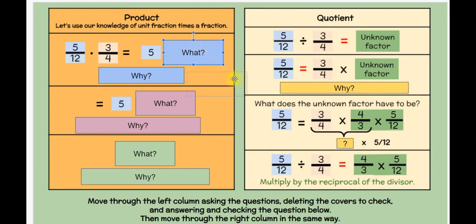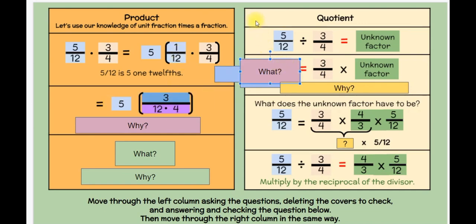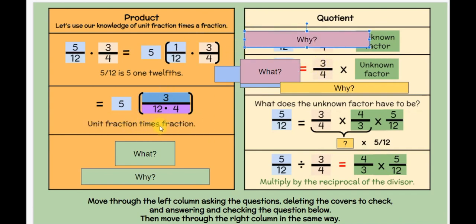Students should say 5 times 1/12 times 3/4, because 5/12 is 5 groups of 1/12. So this equals 5 what? We should say it equals 5 times 3/12 times 4. Why? Because a unit fraction times a fraction. So 1/12 times 3/4 is the same as 3/12 times 4.